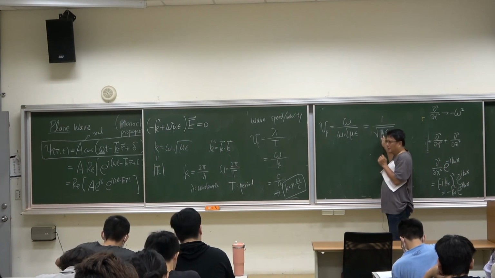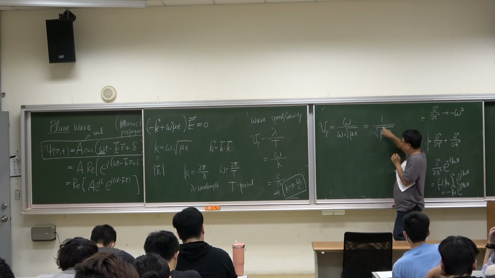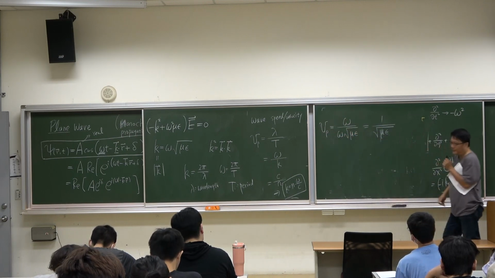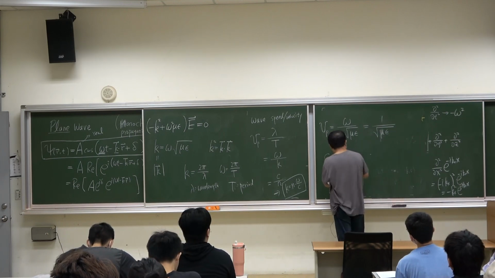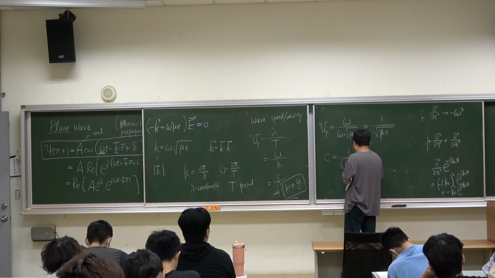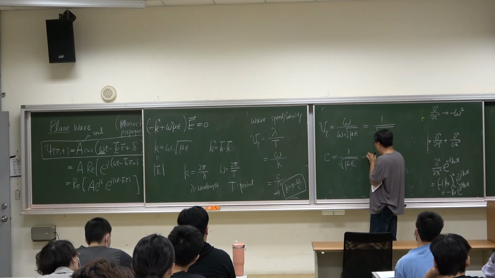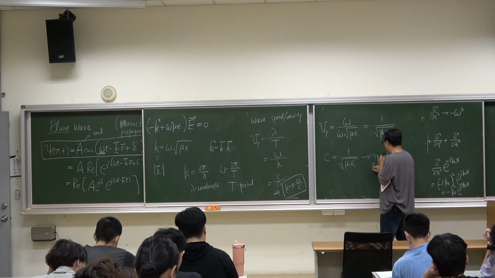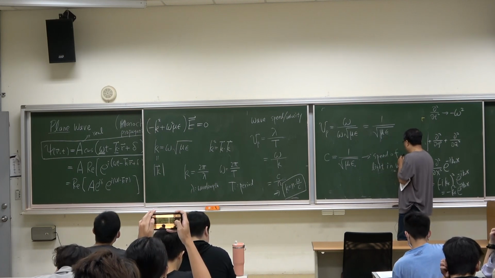So we see that the two parameters, epsilon and mu, determine the speed of light in medium. In vacuum, we replace mu by mu 0 and epsilon by epsilon 0. So this is the speed of light in vacuum.